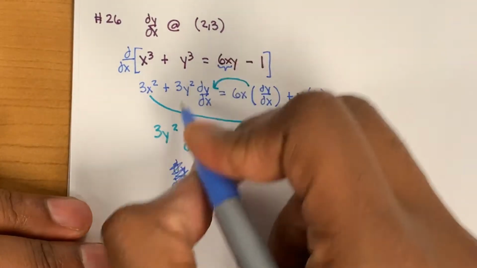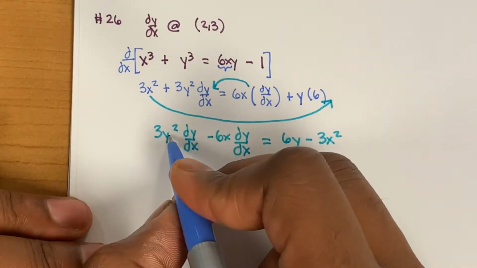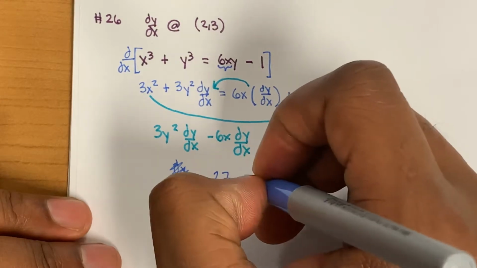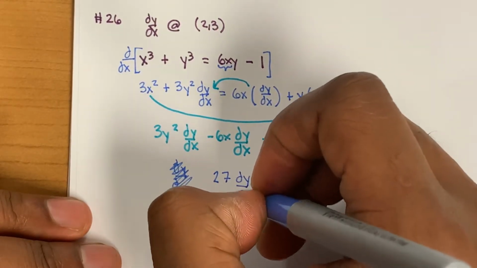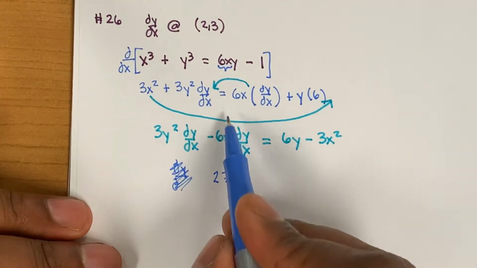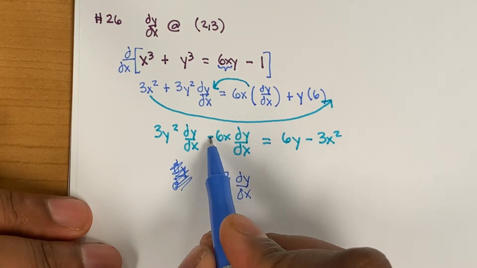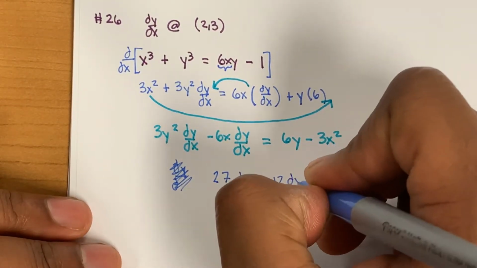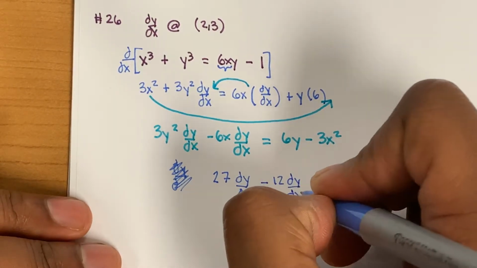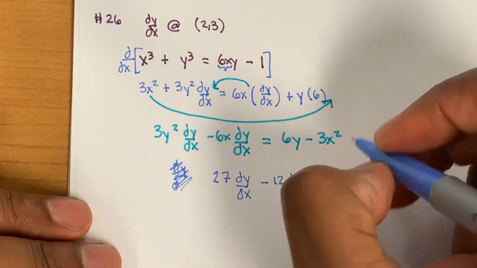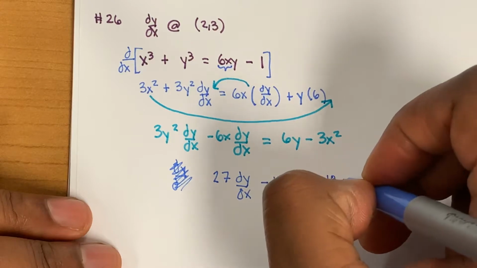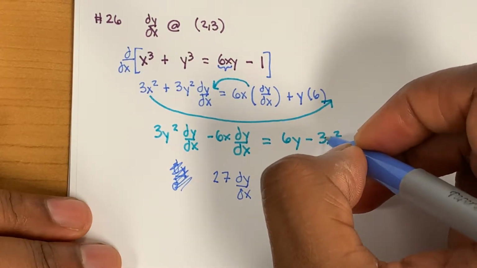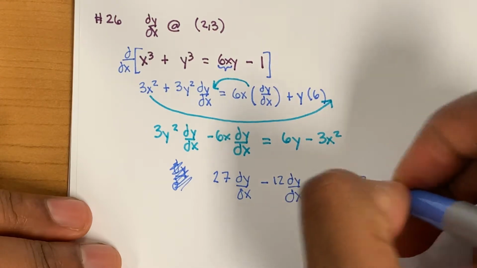So if we do that, since y is 3, 3 squared is 9 times 3 is 27, we get 27 dy over dx. And then since x is 2, that's going to be minus 6 times 2, which is 12. So minus 12 dy over dx equals, again, y is 3, so that's going to be 18 minus, x is 2, so 2 squared is 4 times 3 is 12, so minus 12.